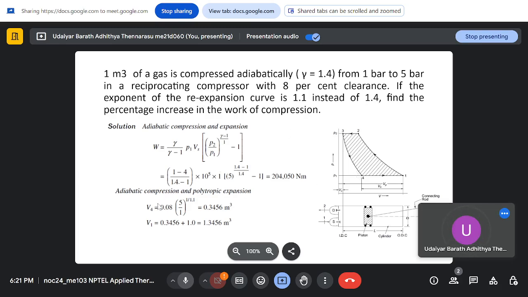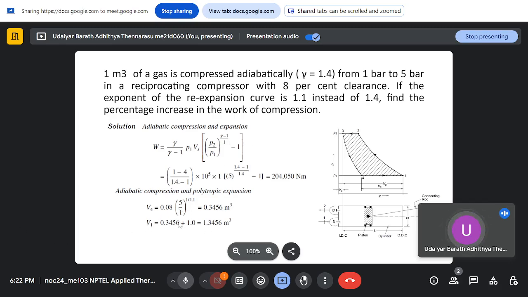So V4 is... your P4 will be where actual expansion of the gas happens. So V4 by V3 equals P2 by P1 raised to power 1 by the polytropic index, because PV raised to power n is constant.